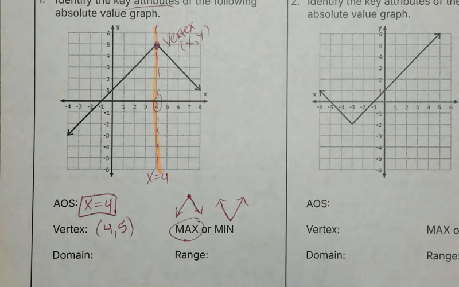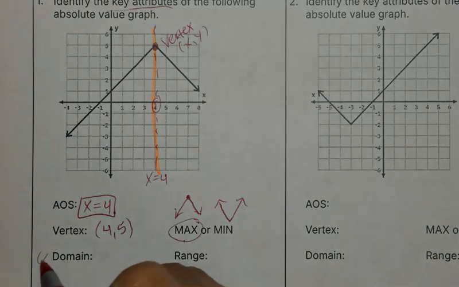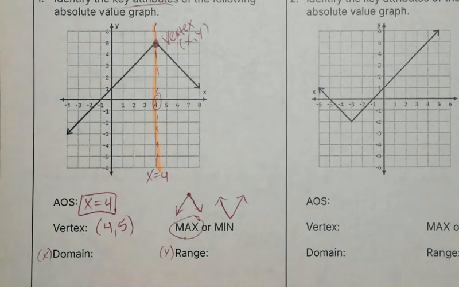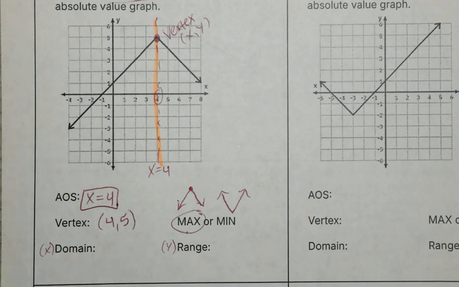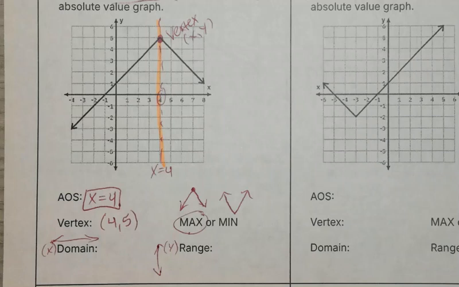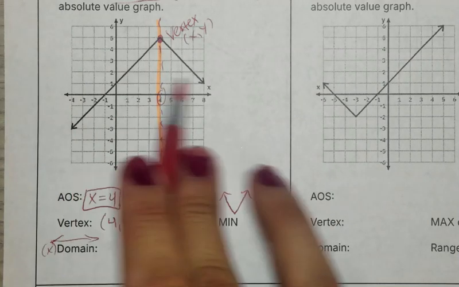The domain and range is you identifying what are the x values and y values that are being used in this graph. Domain is for the x values, range is for the y values. So in class, I trained you to make some annotations for yourself. Domain is left to right, range is up and down. And you're looking at a domain from side to side, going left, going right.